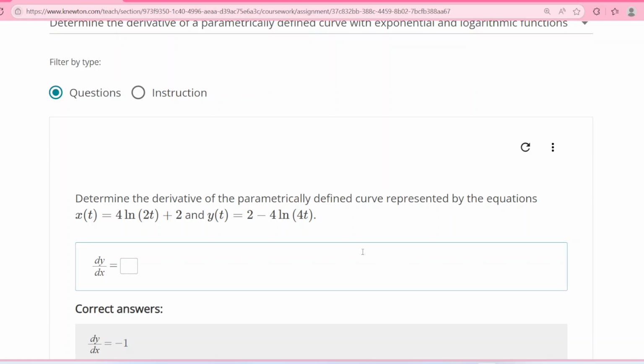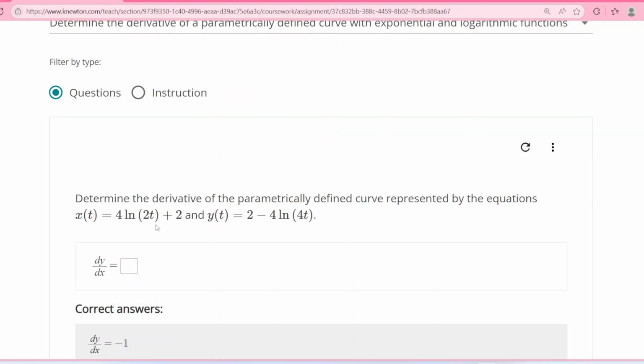Now, one way to do it, and I wouldn't recommend this, I'll show you a better way, would be to eliminate the parameter.